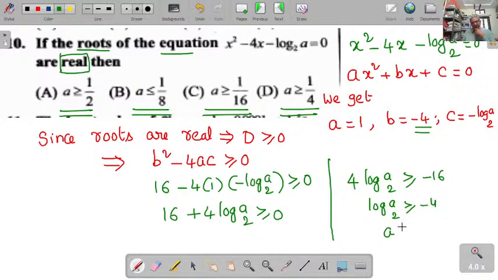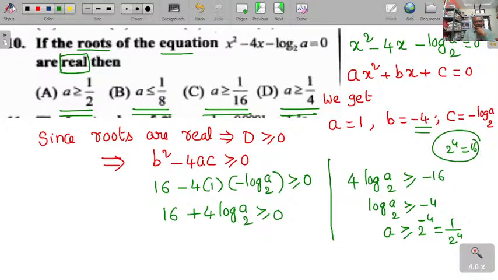So a is greater than or equal to 2 to the power of minus 4, which equals 1 upon 2 to the power of 4. 2 to the power of 4 is nothing but 16. So you get the inequality a greater than or equal to 1 upon 16.